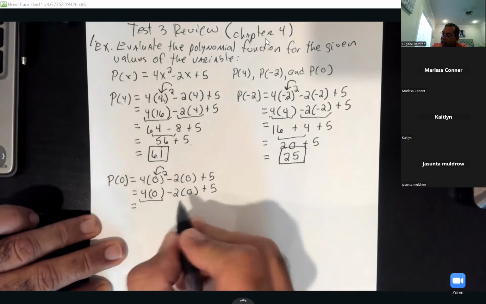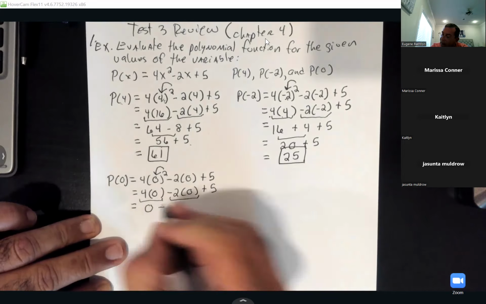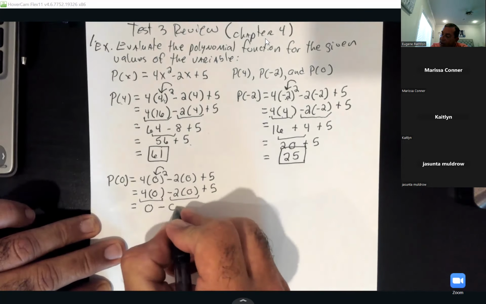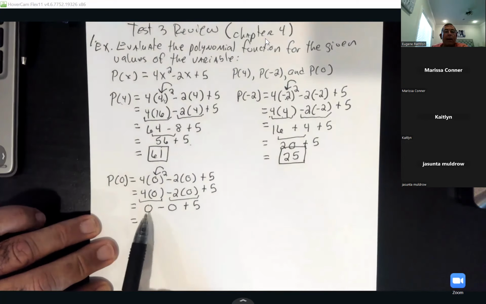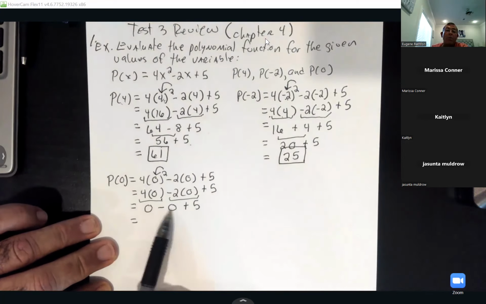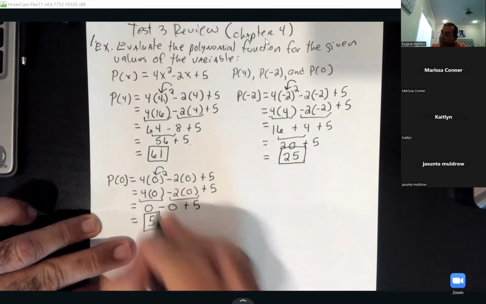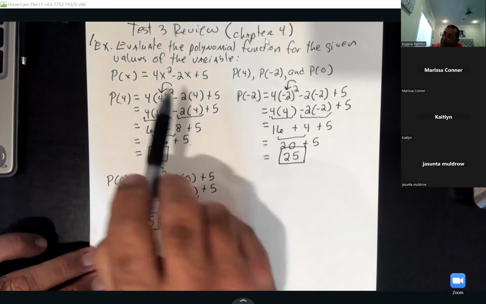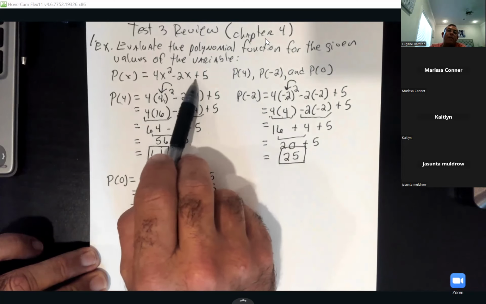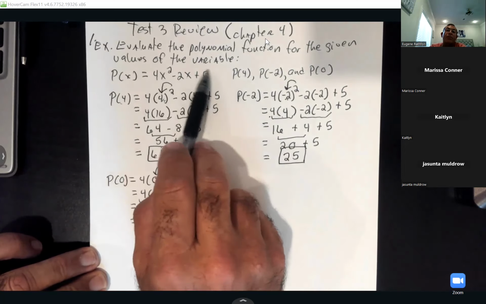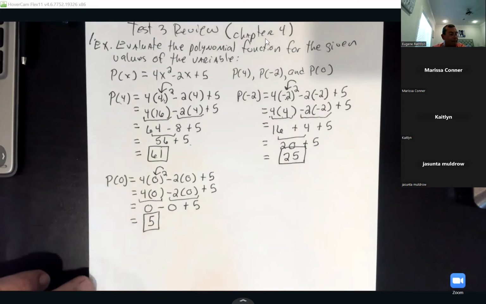Once again, I'm going to multiply left to right. 4 times 0 is 0. Minus 2 times 0 is 0. Plus my 5. All right, y'all, 0 minus 0 is 0. And 0 plus 5 gives us a 5. Anytime you put 0 in for a polynomial like this, all the variables will become 0. So the answer usually is that last number, just like I got on mine, okay?